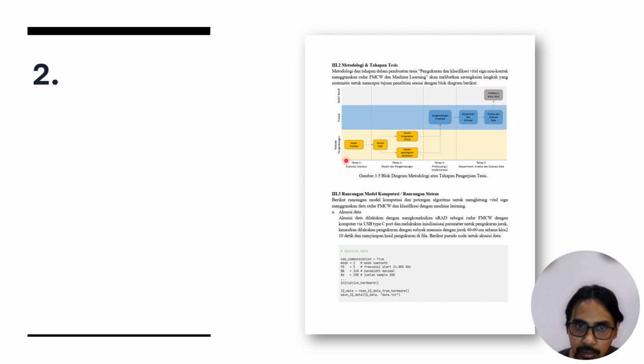And here the vertical lines describe the parts of his or her thesis plan, which is the first part, the second part, the third part, and the fourth part.